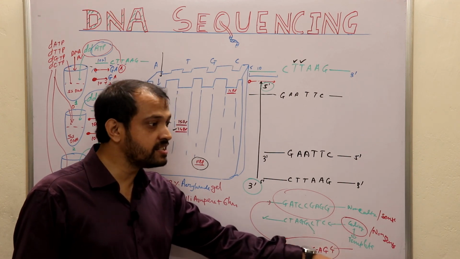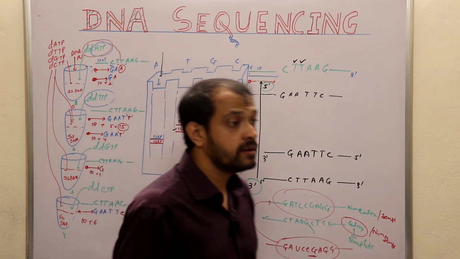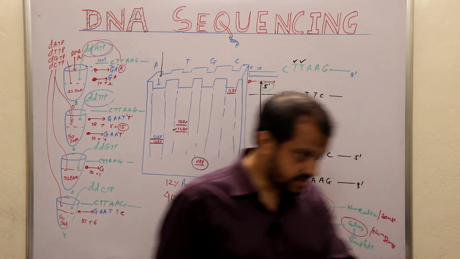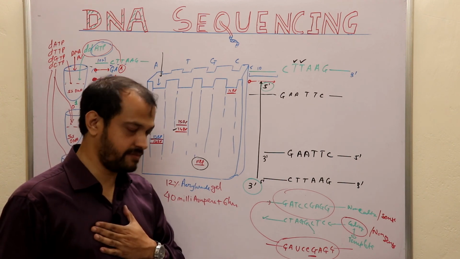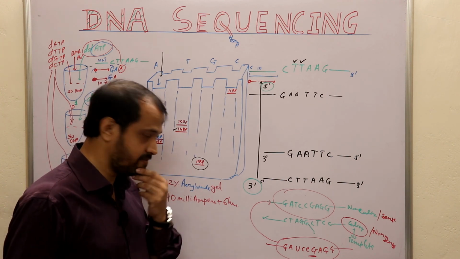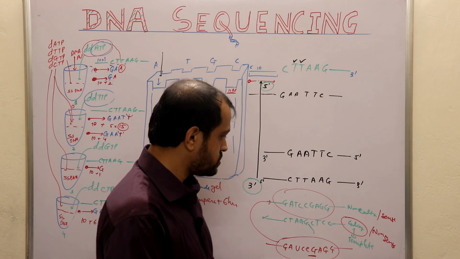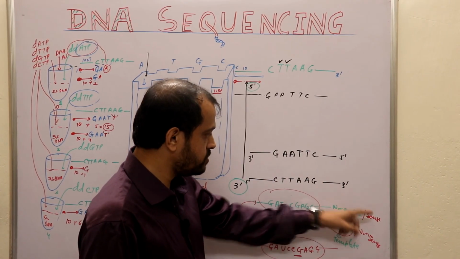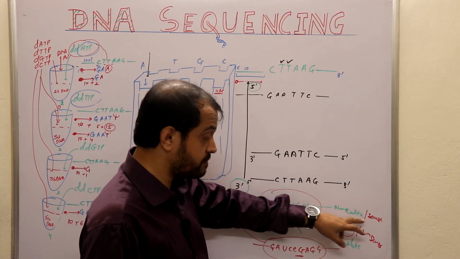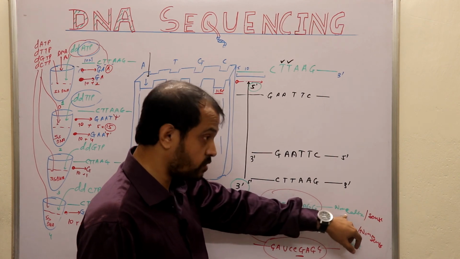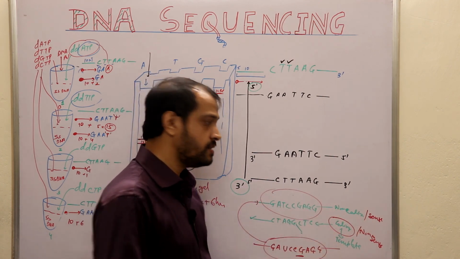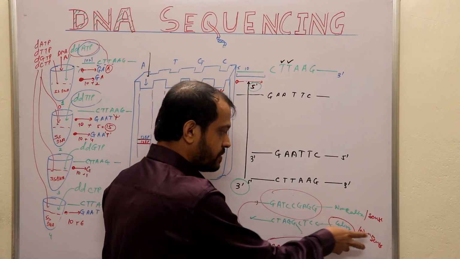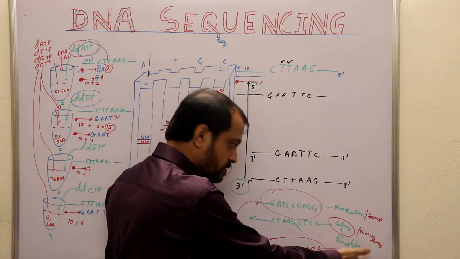You can find it in detail if you revise your transcription chapter, which I have already taught. So in many books you will find that you will have to design the primer according to the sense strand or non-coding strand, then you will have to guess the template strand, or you will have to put the sequence of the sense strand into computer software, and the software will give you the template strand.